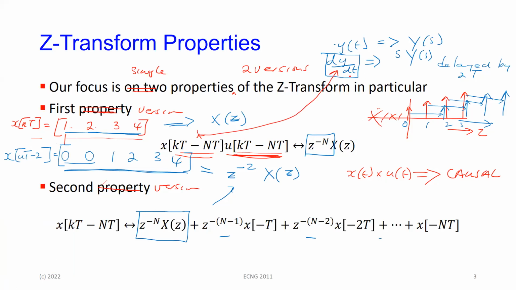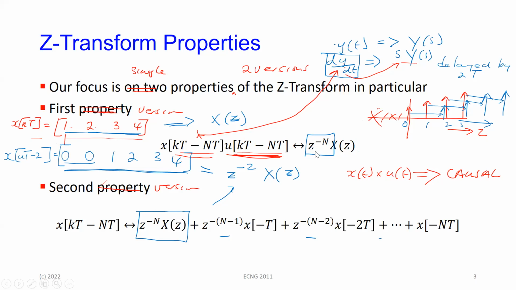So just like how y(t) giving you Y(s), dy/dt, which is a first derivative, gives you sY(s), if you had x(kT), then the first difference, for instance, will give you z^-1 X(z). The second difference or delay would give you z^-2. That's what that's saying. Yeah?